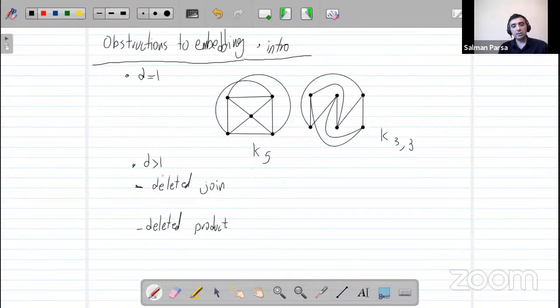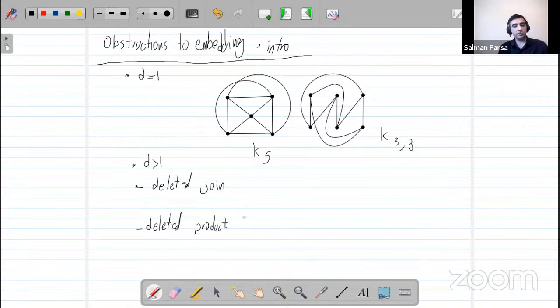And for d greater than 1, there are other obstructions, defined based on some other spaces connected to the original complex, which are called the deleted join and deleted product. And here also the obstruction for embedding into double dimension in general dimension is a classical topic.